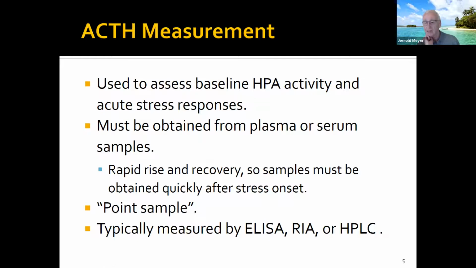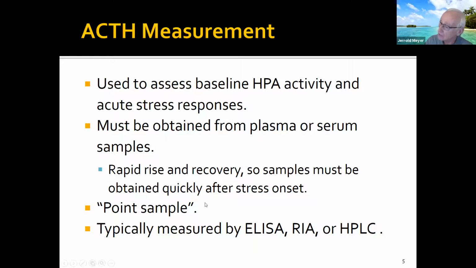So you might imagine that this is kind of like what we were talking about with respect to epinephrine or norepinephrine in the blood. If you want to do this accurately, you might want to have your subjects catheterized in order to get serial blood samples to really be able to follow the ACTH changes in response to stress.